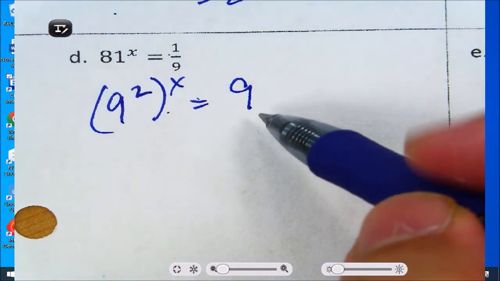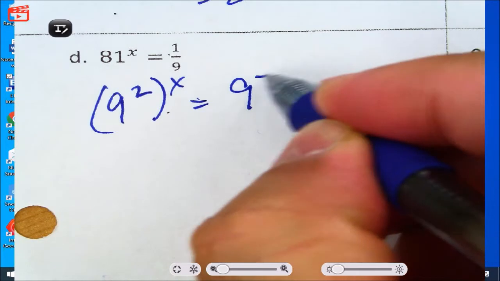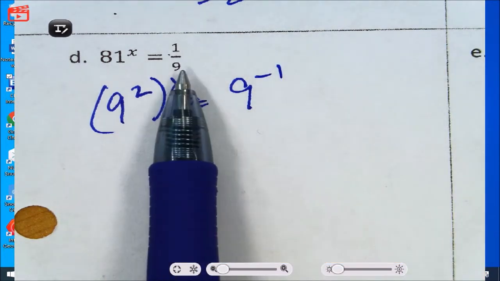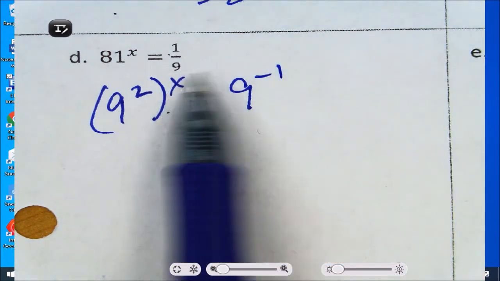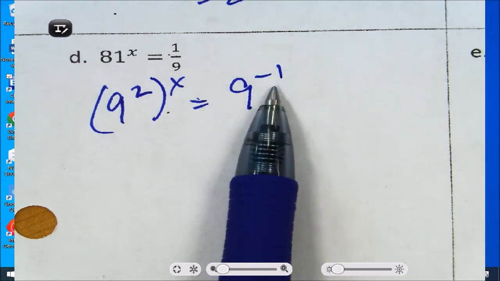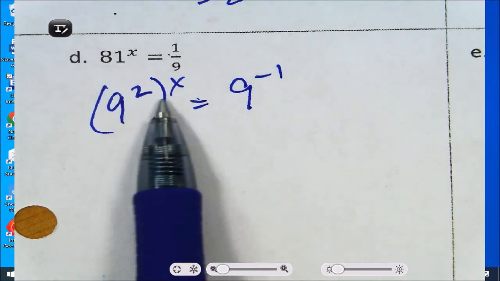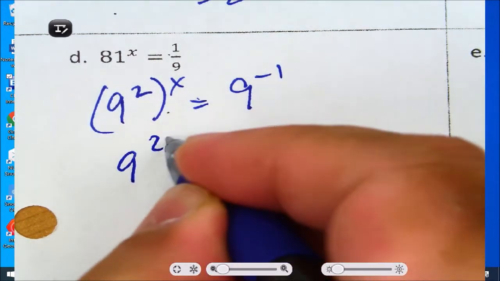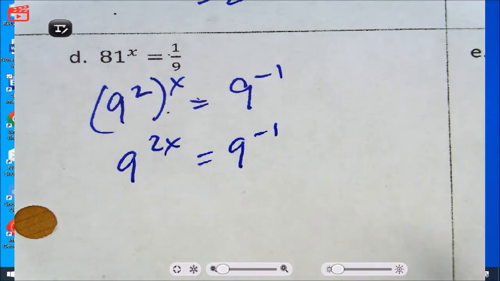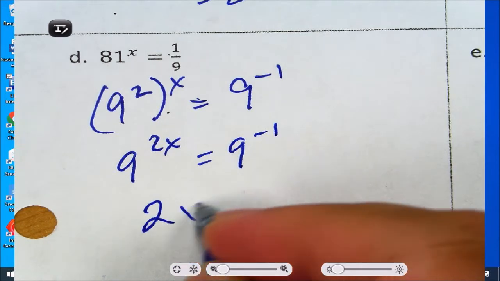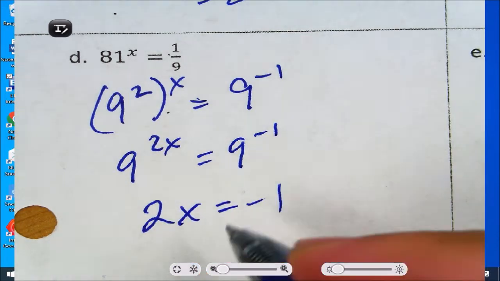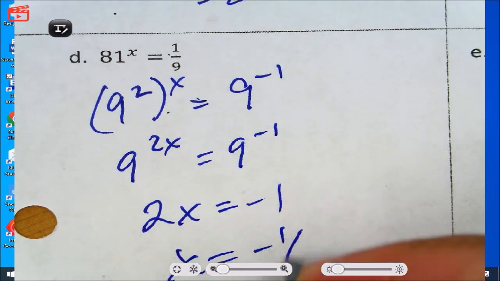Negative 1. That's right. If you have a 9 to the positive 1 in the denominator, it becomes 9 to the negative 1 without the fraction. So here, that becomes 9 to the 2x equals 9 to the negative 1. So 2x equals negative 1. Divide by 2, and you get negative 1/2.